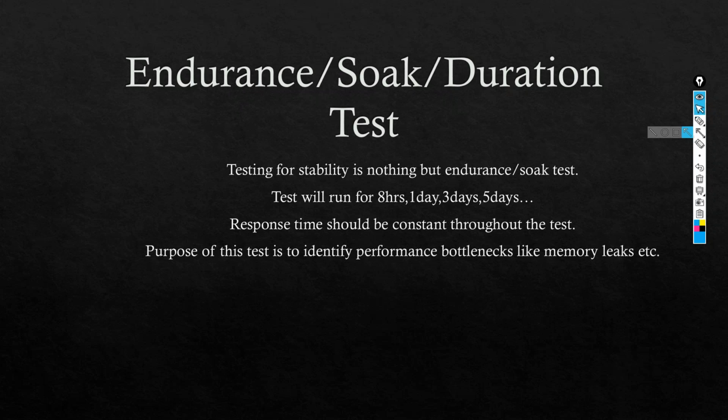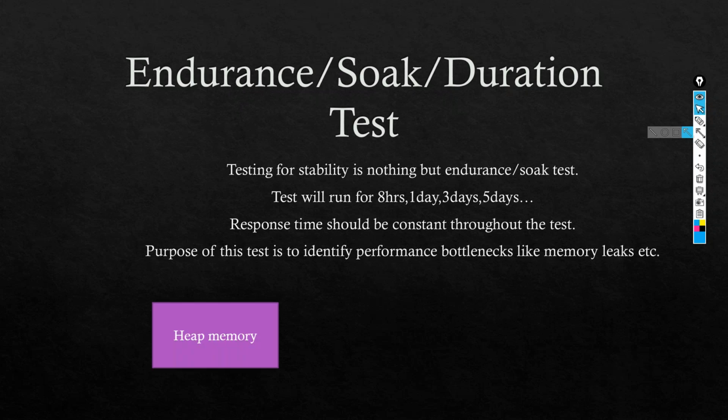The main purpose of this test is to identify the performance bottlenecks. Let's assume that in the first 1 hour the response times are less than 2 seconds, and gradually the response times increase after 2 or 3 hours. That means there is probably an issue of memory leaks.